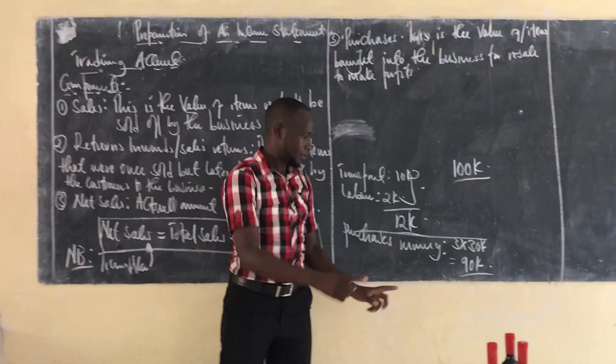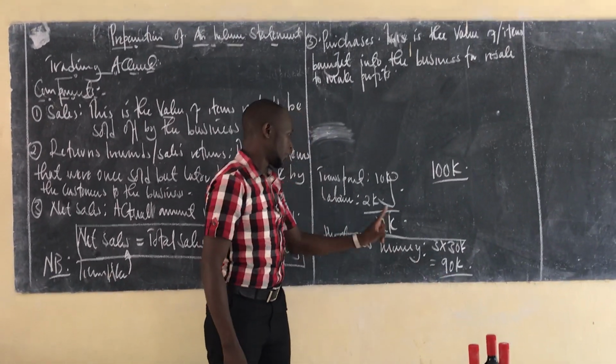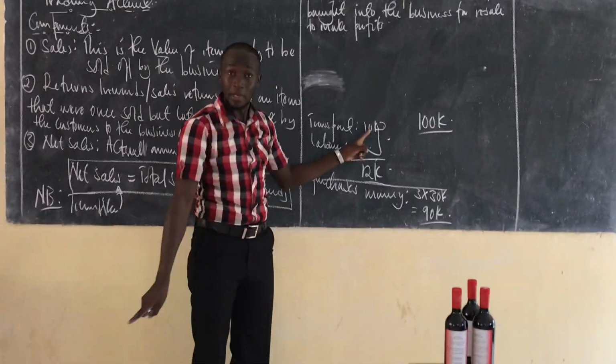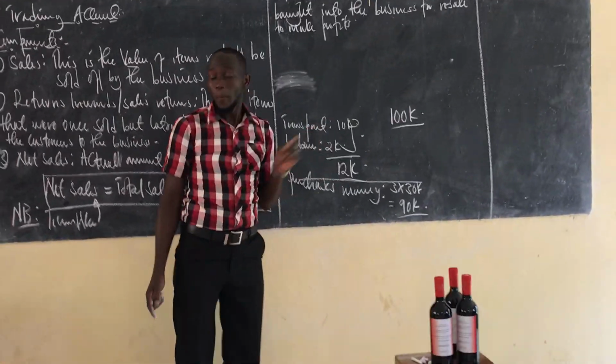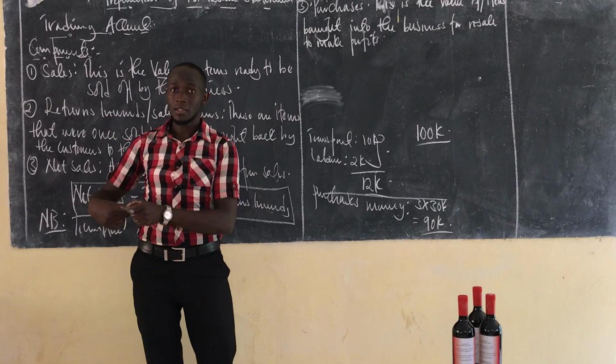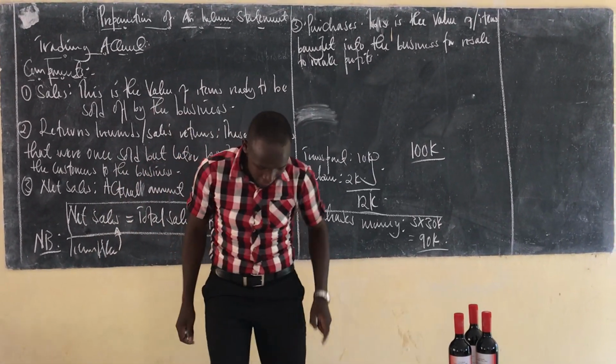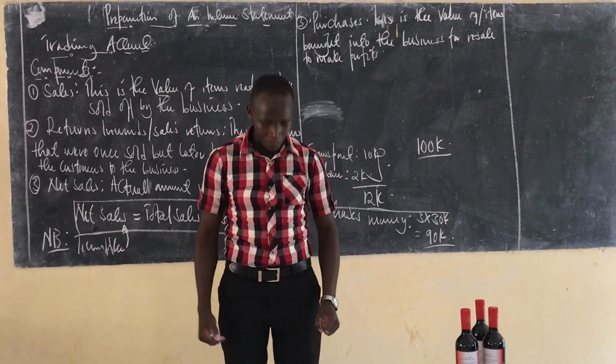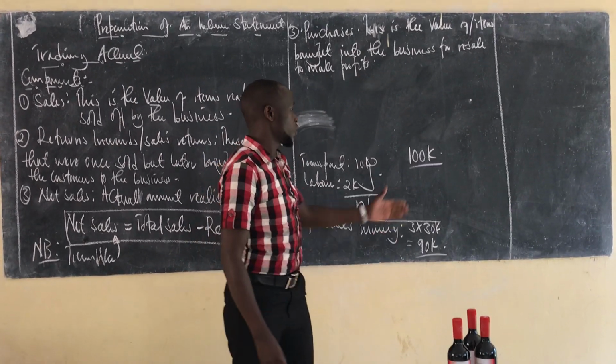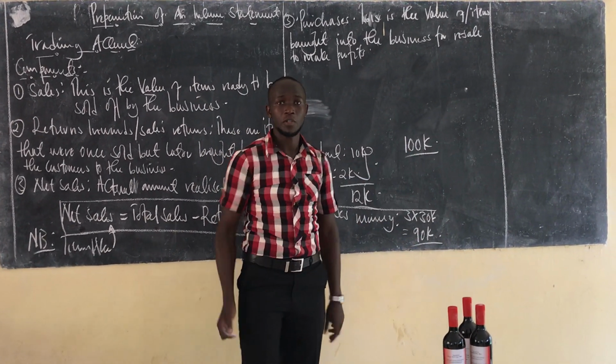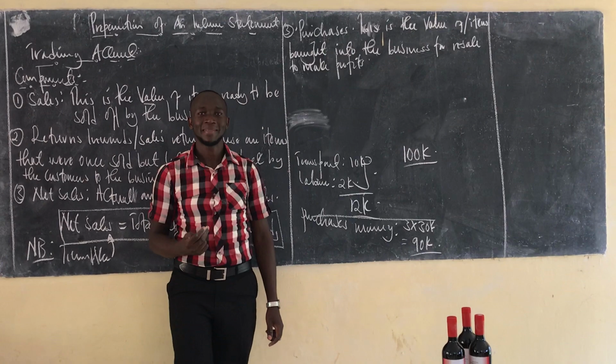Remember, you bought these 3 bottles at 90,000. You put in transport 10,000 for this van that you are using. Then the 2K for people who helped you on loading. That is the labor. Now this person, you find him here, or her, and says, no, I'm giving you 100,000. Can I have those 3 bottles? Would you give out the 3 bottles?